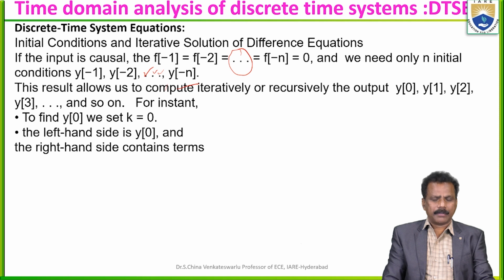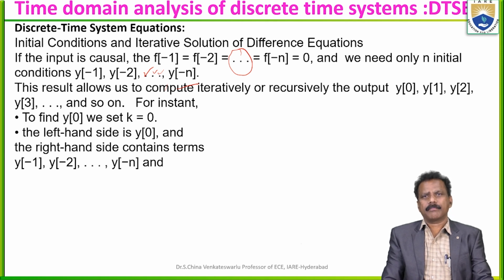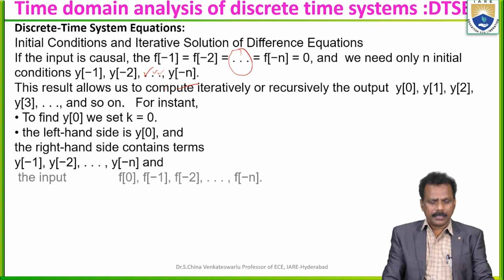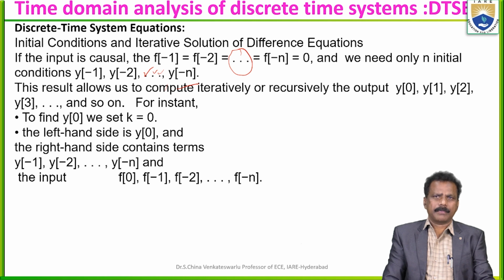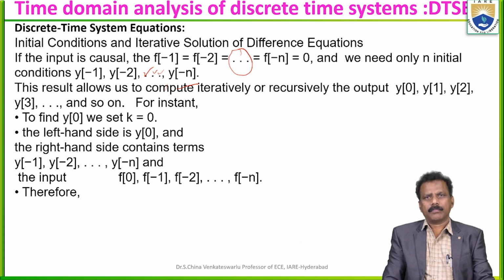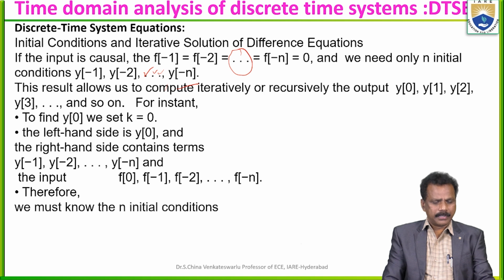So the right hand side contains terms y of minus 1, y of minus 2, and so on, y of minus n. And the input values are f of 0, f of minus 1, f of minus 2, f of minus n, and so on. Therefore, with reference to this notation, we must know the n initial conditions.